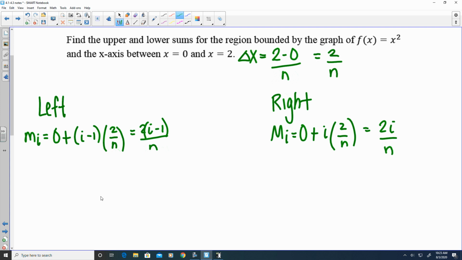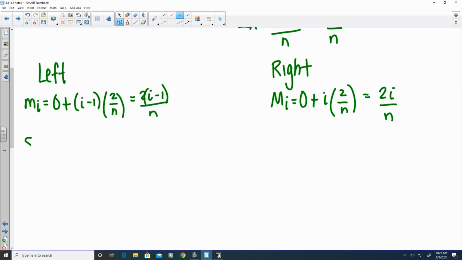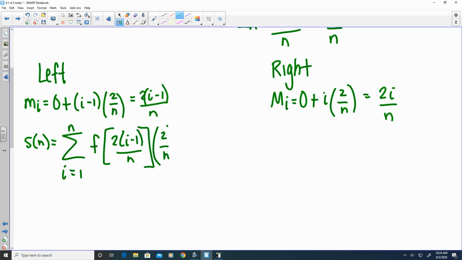Still on the left side, we'll have our sum, lowercase s, which is from i equals 1 to n, plugging in our f sub i times our delta x. I'll at least write down the rule for the right, but then I'm going to do all the work for the left and then all the work for the right.